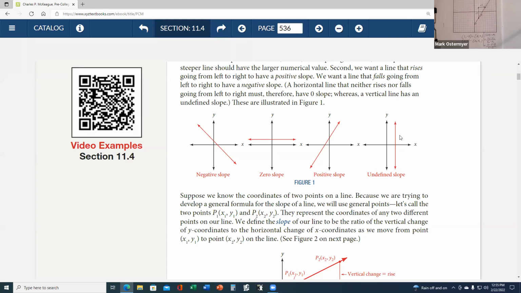Okay, undefined slopes for vertical lines. All right, so that's something that you want to be conscious of, so that when you graph your lines, they better have the same orientation as the slope indicates for the line. Okay. So I just wanted to point that out there.